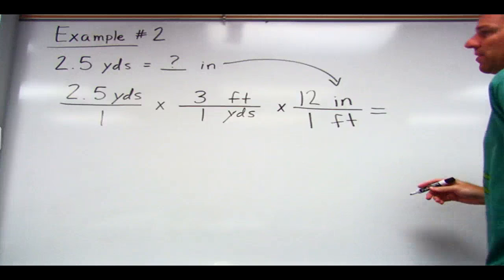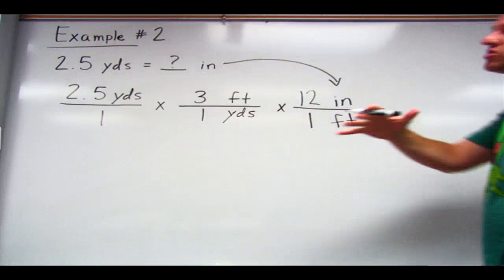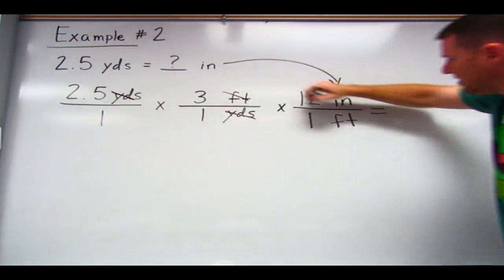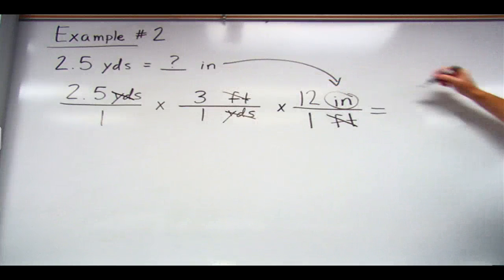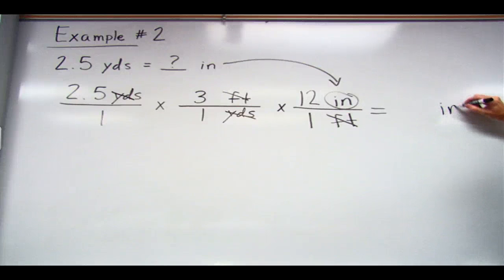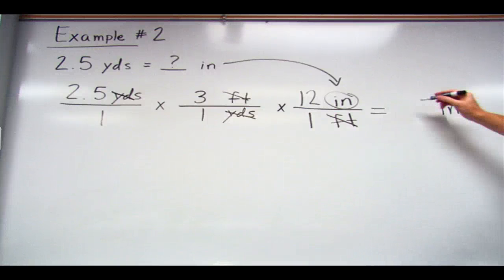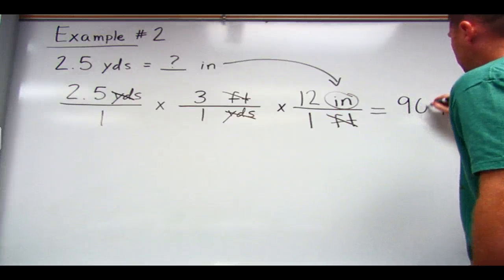So now we do our math. First, let's show the canceling of the units. Yards cancel out, feet cancel out. You're left in inches, so we can write our unit over here. Units are in inches. And once you do the math on this, you'll see that 2.5 times 3 times 12 equals 90 inches.